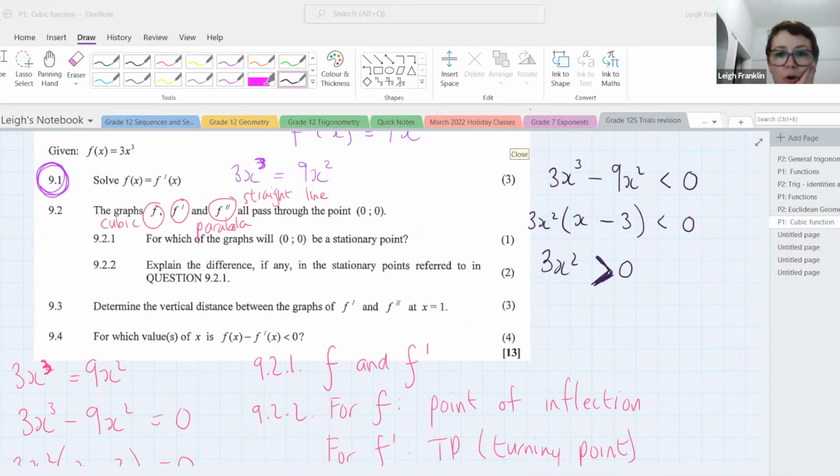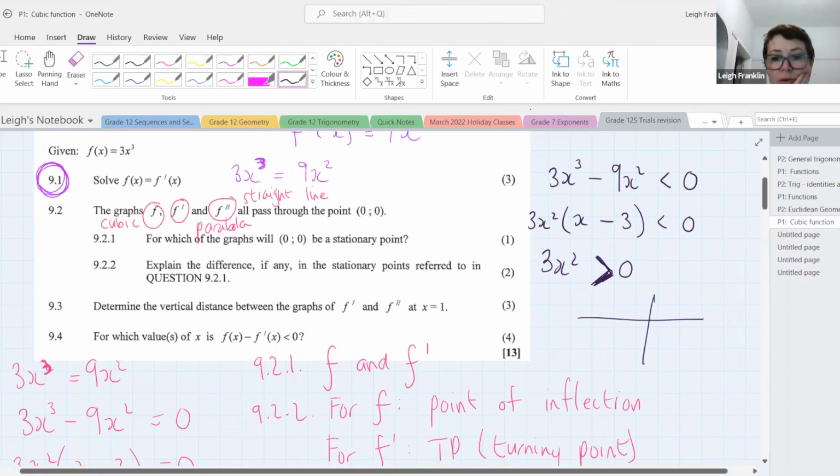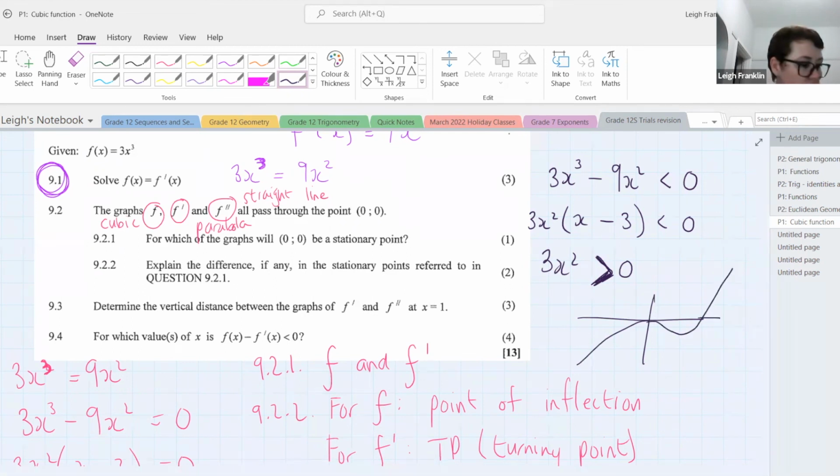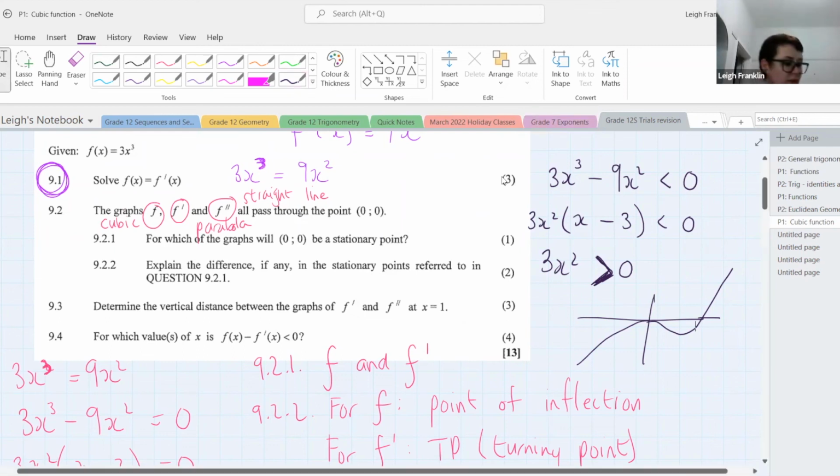I suppose you could. I mean, what is this going to end up looking like? It's going to be a cubic function, isn't it? All right, so it's going to end up looking like that. All right, so here, for which values is it going to be negative?